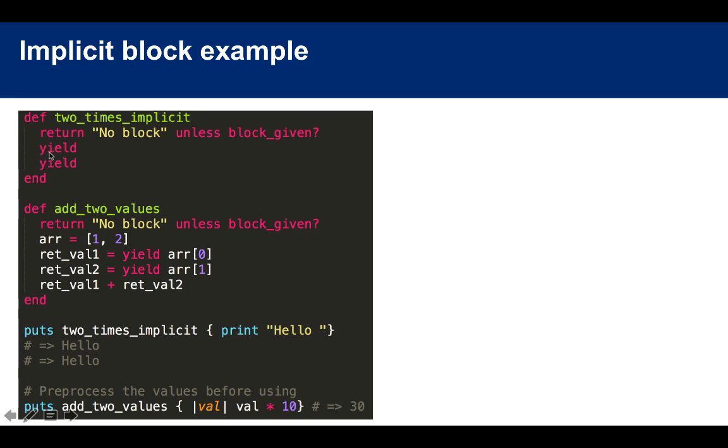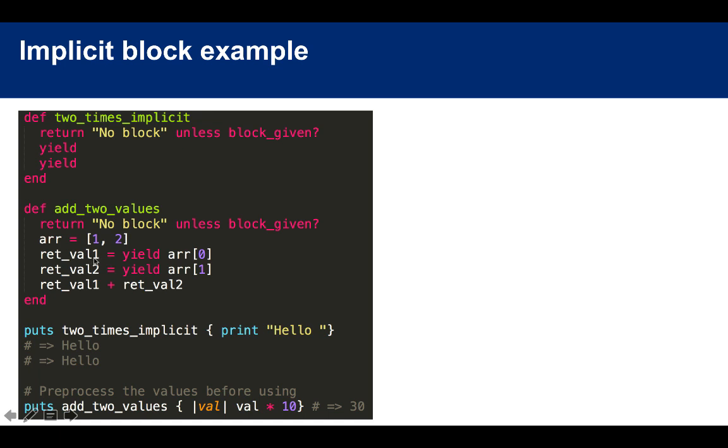And in this case, you're not explicitly calling the block like in the previous slide. You're just yielding control to the block. So you need to do it 2 times. This is a similar example to a previous slide, but a little bit different. You want to return "no block" unless a block is given. And then inside the method, you have an array, 1 and 2, and you want to add those values.